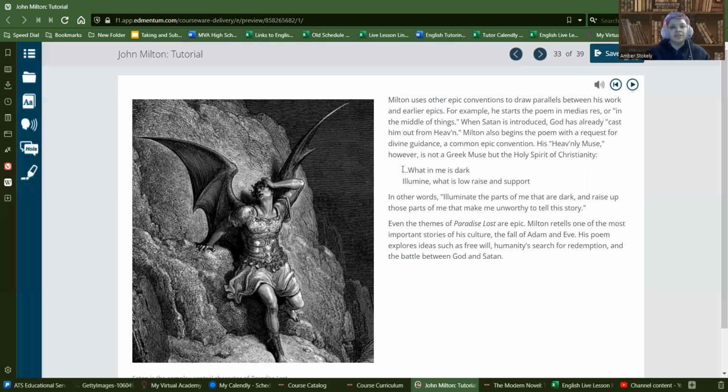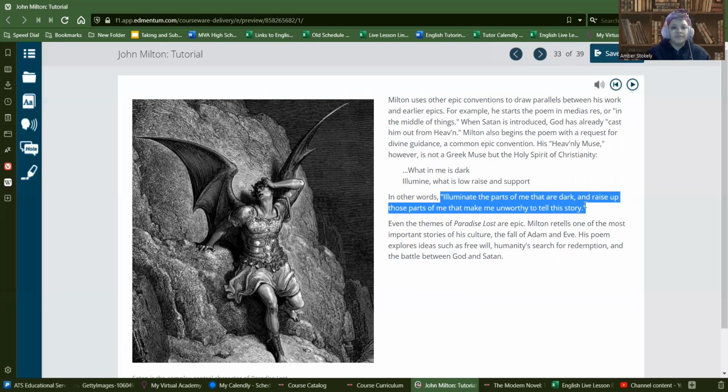The excerpt they give you of him pleading is, "What in me is dark, illumine, what is low, raise and support." So what he's saying here is, illuminate the parts of me that are dark and raise up the parts of me that make me unworthy to tell this story.